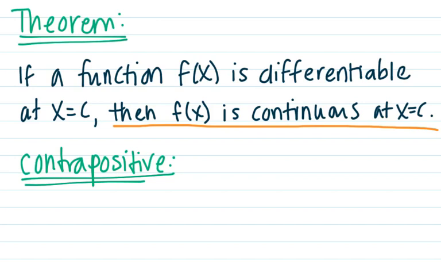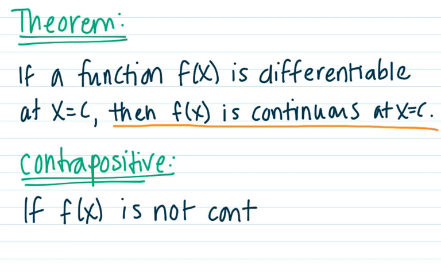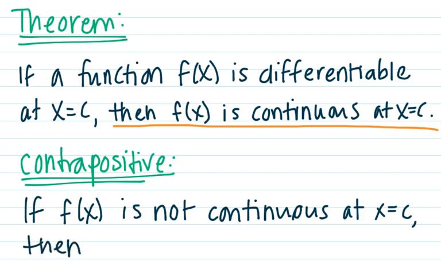So if f of x is not continuous at a point, then the inverse of the original antecedent is now false. If it's not continuous, then it's also not differentiable.